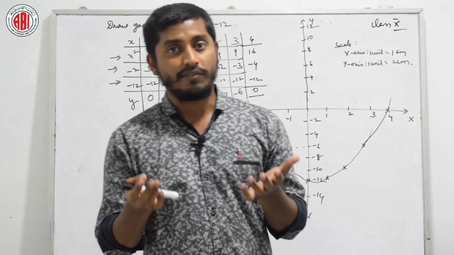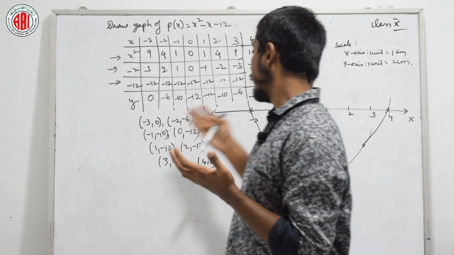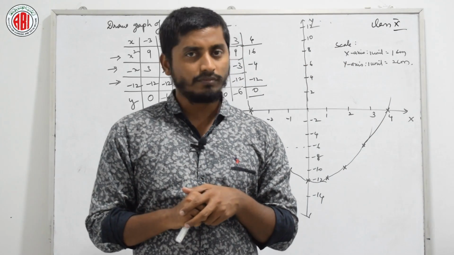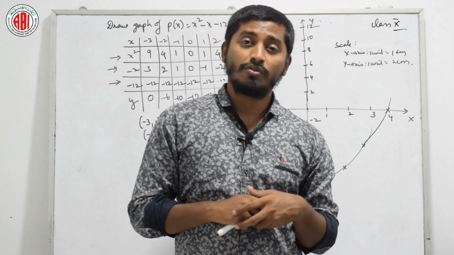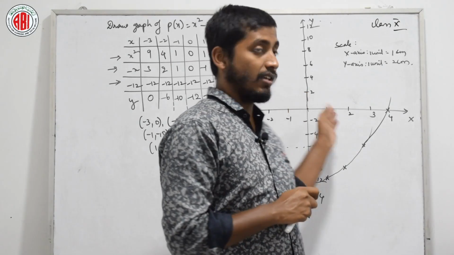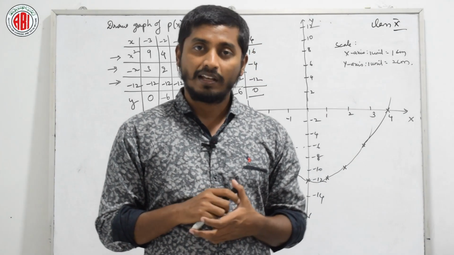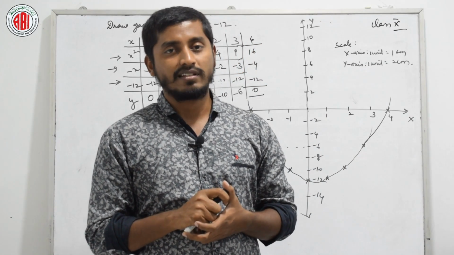And from that we have seen how to find the zeros of a polynomial from the graph, right? We have discussed how to find the polynomial's zero by equating it to 0, by factorizing it, right? These are the topics which we have discussed till now.